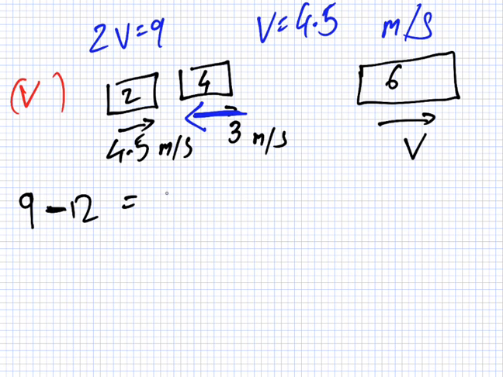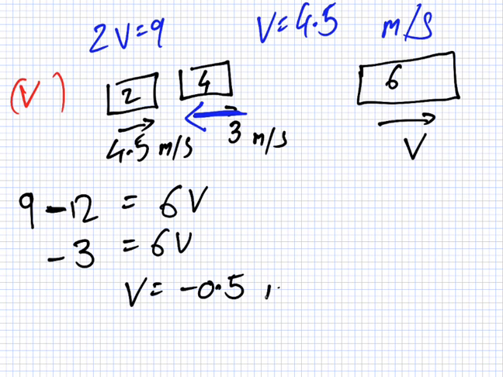And this here will be still 6v. Minus 3 equals 6v. V is minus 0.5 meters per second. So after the collision, the combination is heading to the left.